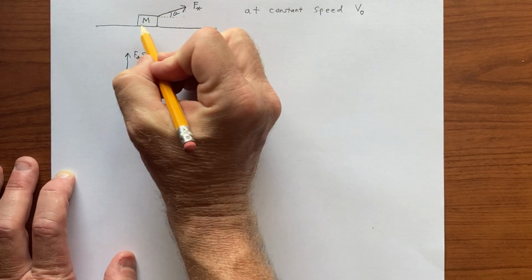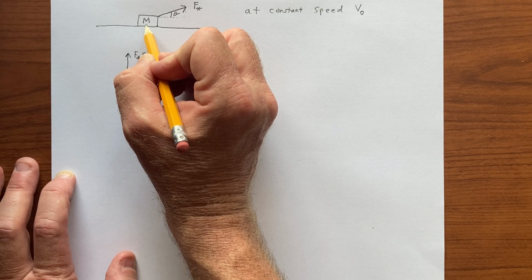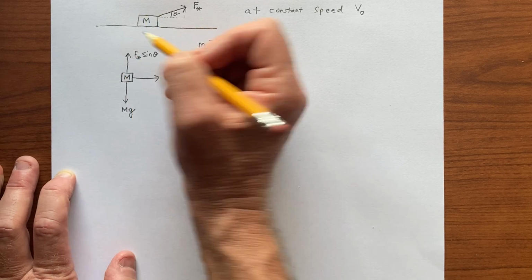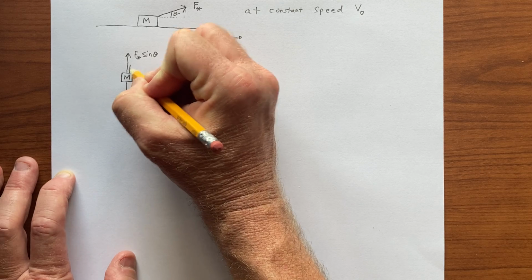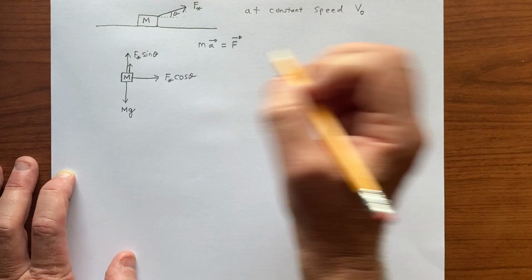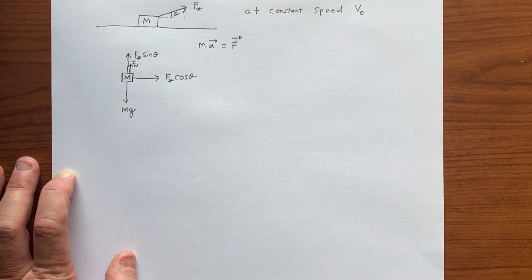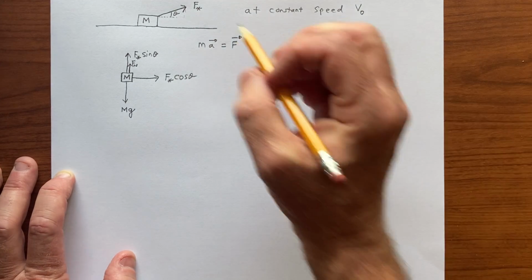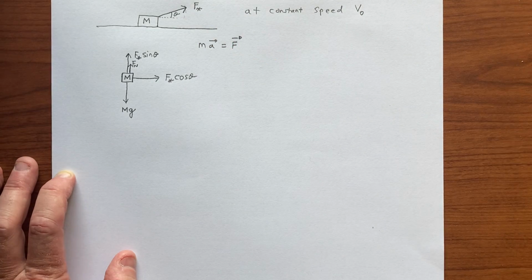But there's also the normal force. The object isn't falling through the floor, and so there's a normal force from the floor, which we could add here. I don't know how long to make that arrow, but I don't have space, so I'll just leave it like that. So the free body diagram doesn't give us the magnitude. It gives us the direction of the force, and then the magnitude will come out of this law.